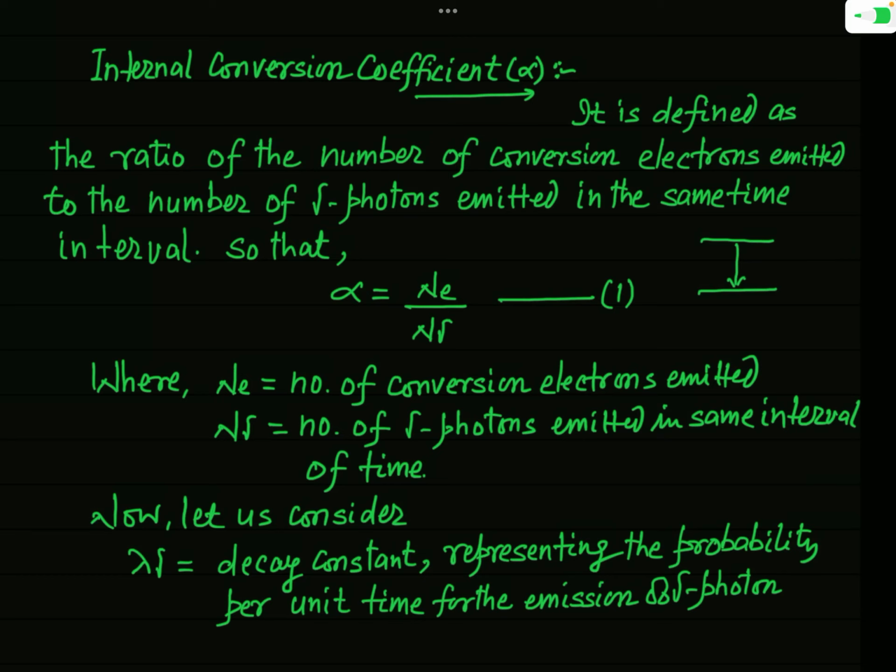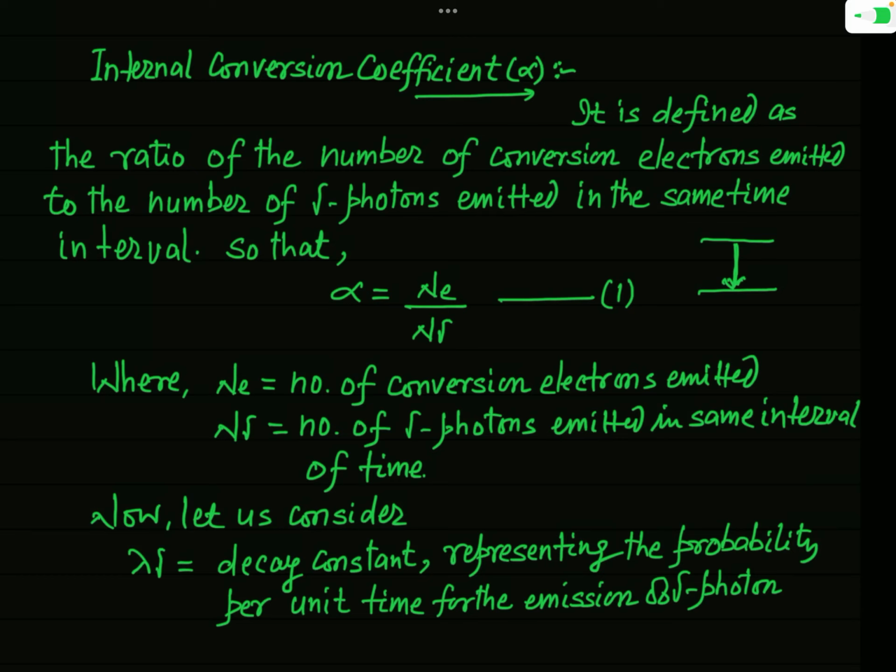So let us consider that a nucleus transits from a higher energy state to a lower energy state, and in that transition there is a gamma decay process and also an internal conversion process. What does it mean?